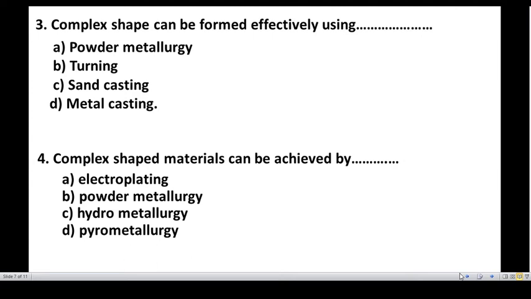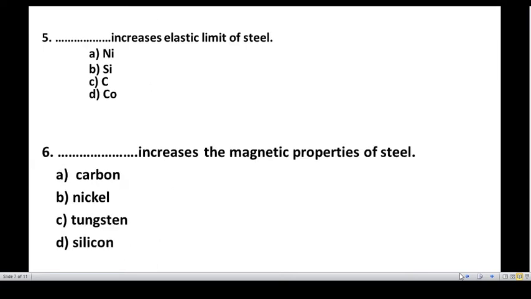And the fourth question is, complex shaped materials can be achieved by using electroplating, powder metallurgy, hydrometallurgy and pyrometallurgy. As we have discussed above in the third question, the answer is powder metallurgy.